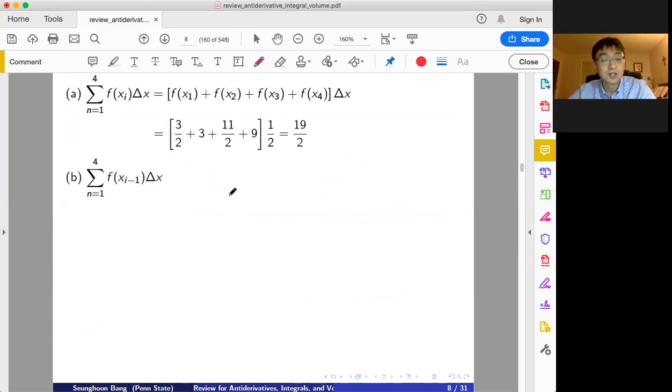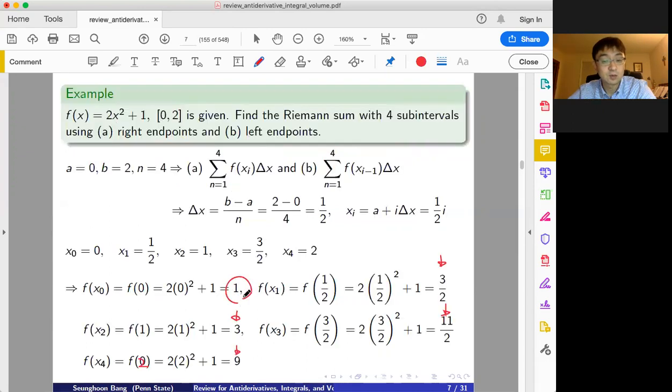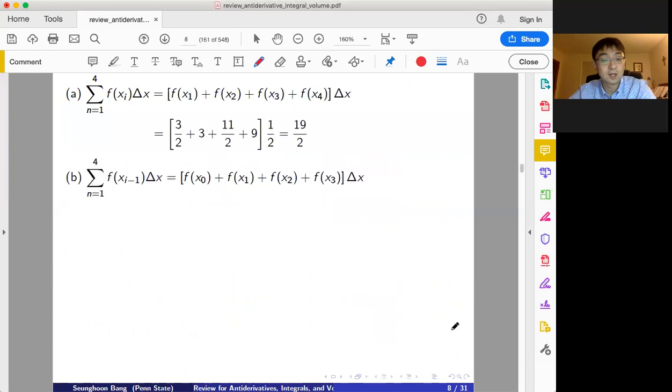For b, the summation i equal to 1 to 4 of f of x_(i-1) times delta x is here. Exactly the previous one, this one, this one, this one, and this one. The same. Simplify, we have 11 over 2. So this is the whole idea for solving this problem.